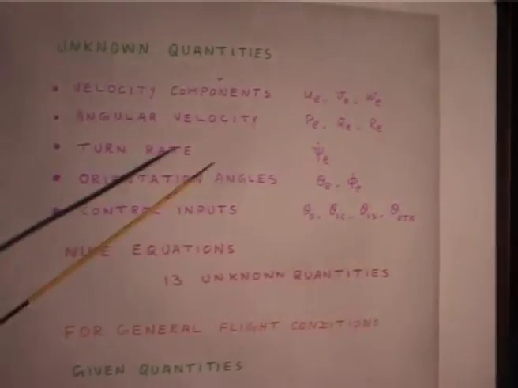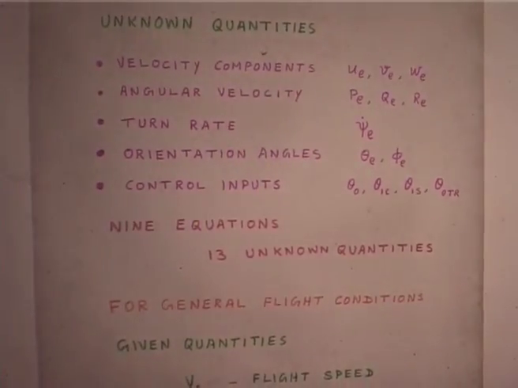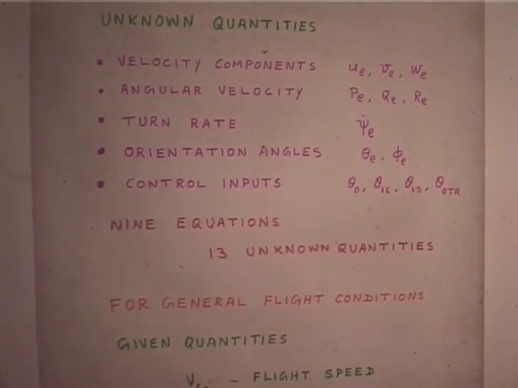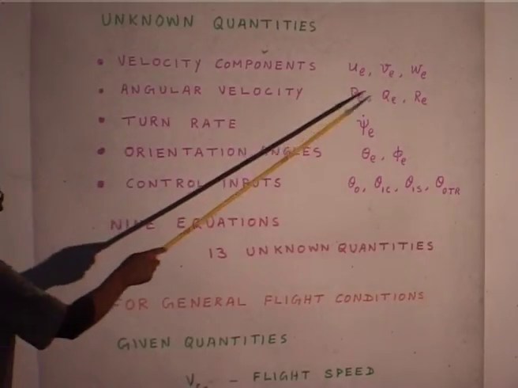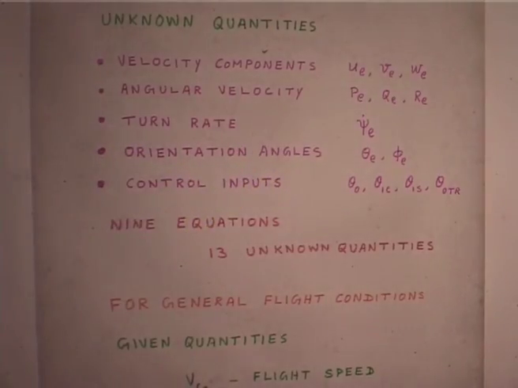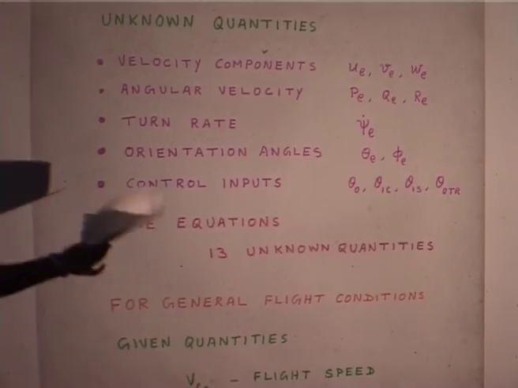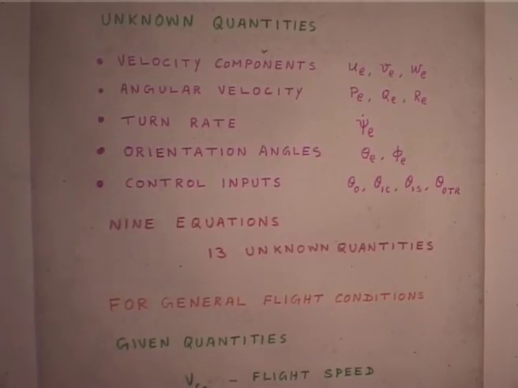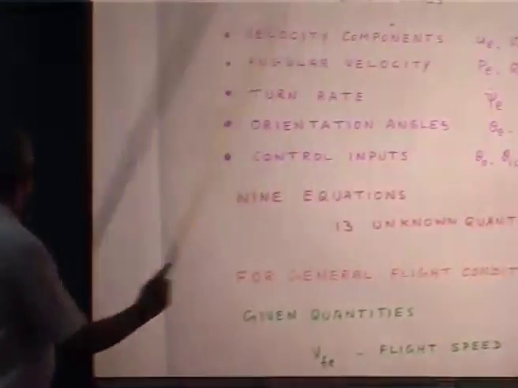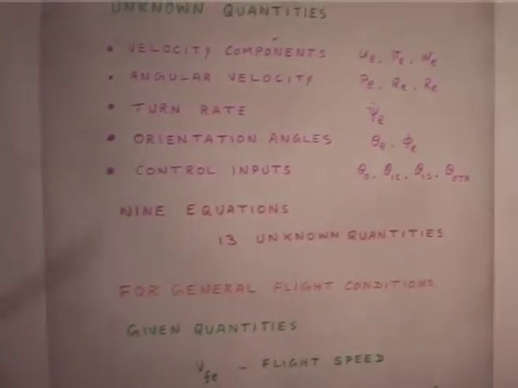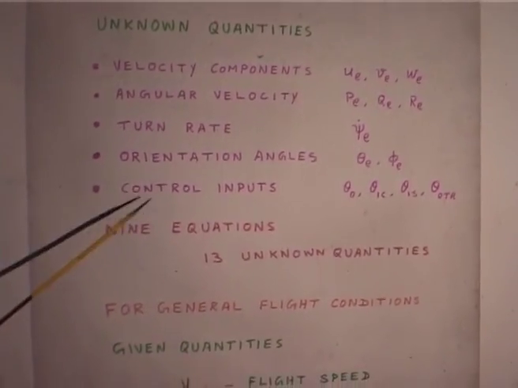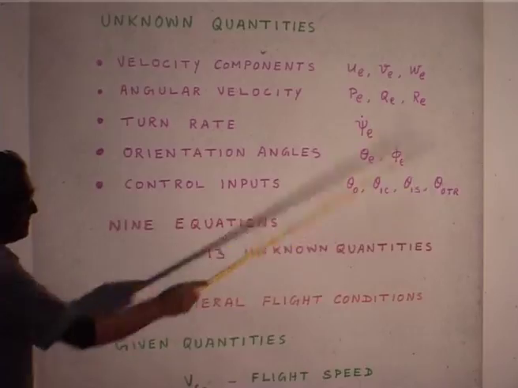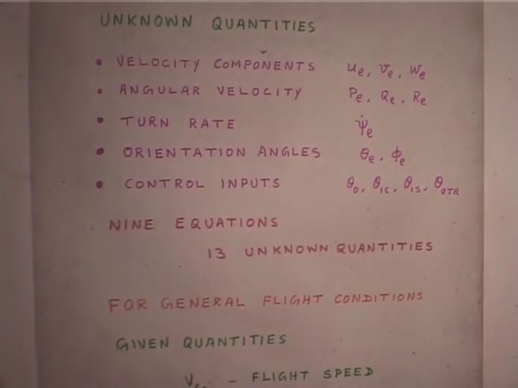I do not know what UE, VE, WE are. Angular velocity, PE, QE, RE, I put a capital because for equilibrium I just used a capital here, that is all. Otherwise it is P equilibrium, Q equilibrium, all the E is equilibrium. Then this is the turn rate, psi dot, and orientation angles, theta equilibrium, phi equilibrium, and then control inputs, 4.